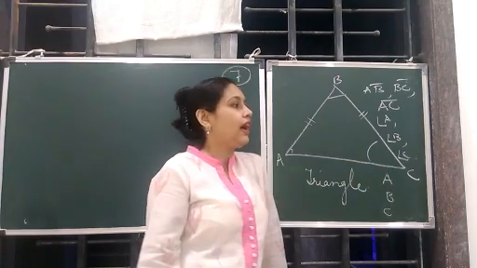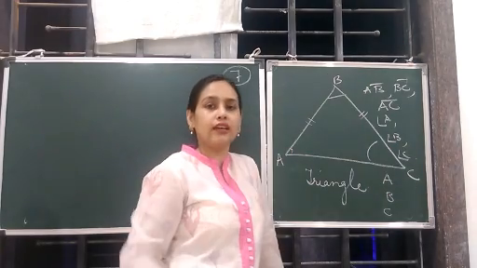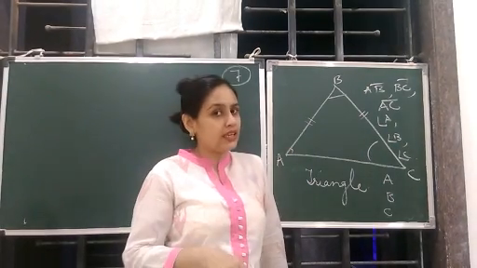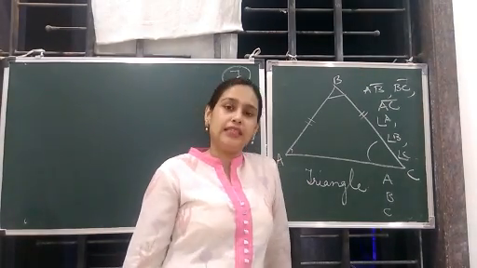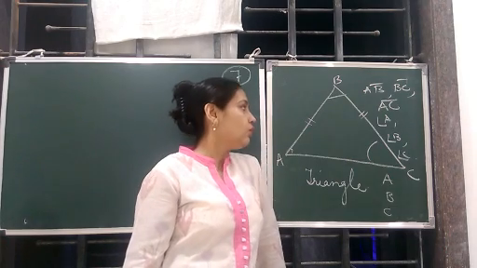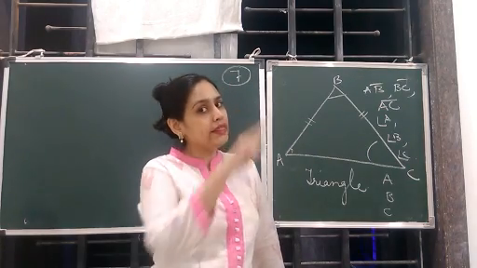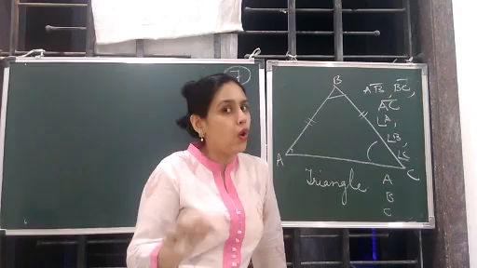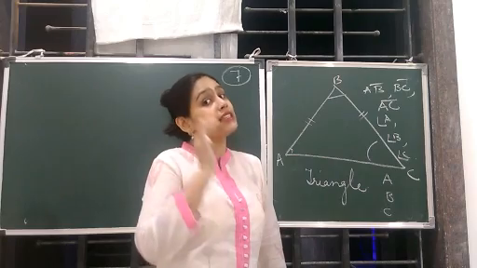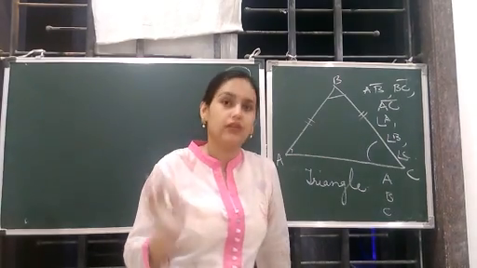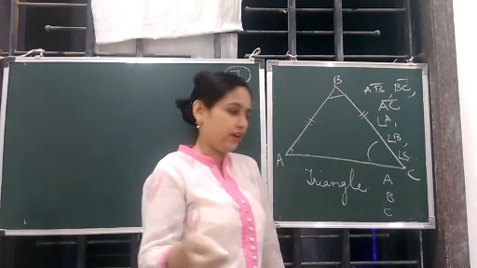Then you can even have an equilateral right angled triangle? No: equilateral means all 3 sides are equal, and right because one angle is equal to 90 degrees. So we can classify triangles on the basis of their sides, or on the basis of the angles, or on the basis of the sides and angles together. Understood? There are some more properties which we will study further on.